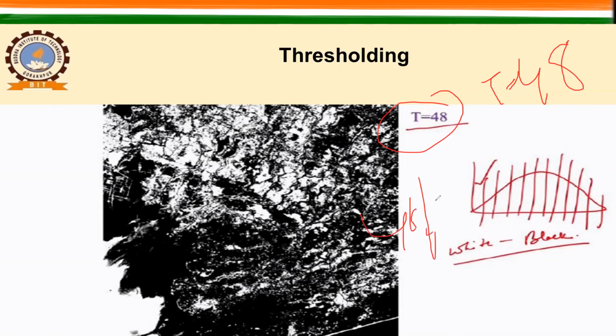How many parts will you ask it to divide into? 48 parts, right? And then accordingly from white to black, 48 colors or sets will be generated and each range will be assigned to that color, right? So you can see here, I will show you some example in the density slicing.